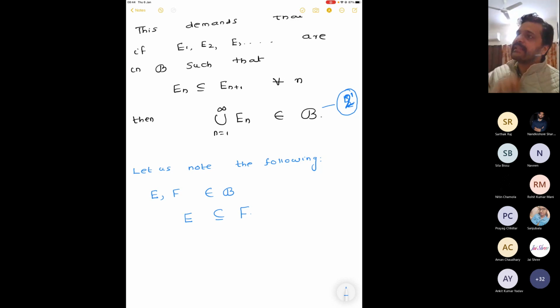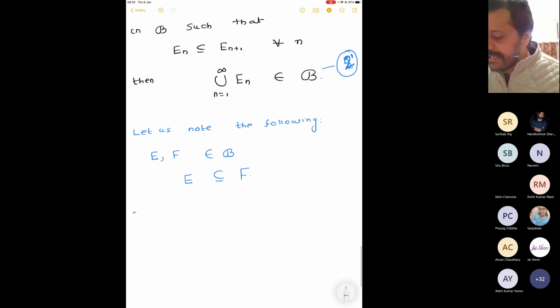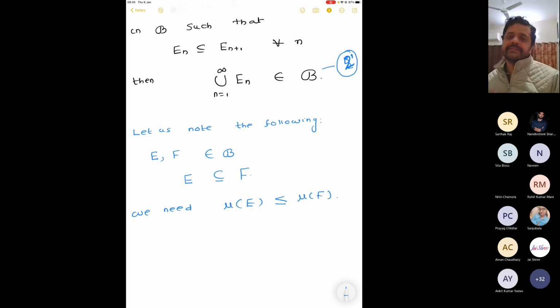F is larger than E. Mu E less than or equal to mu F. It's a natural demand, right? The measure of the smaller subset should be less than or equal to the measure of the bigger one. We need mu of E less than or equal to mu of F. This is from our own experience of measuring length, area, volume, and so on. So I will call this 3.